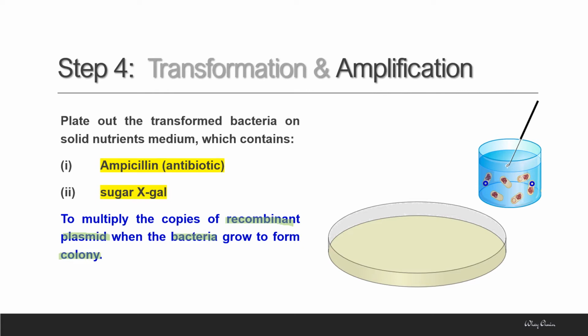So scientists will prepare a solid nutrient medium which contains the antibiotic ampicillin and also the nutrients for the bacteria to grow, such as sugar and agar. So here is a simulation of how the bacteria can be transferred from the solution into the agar plate, and then we culture it in an incubator.